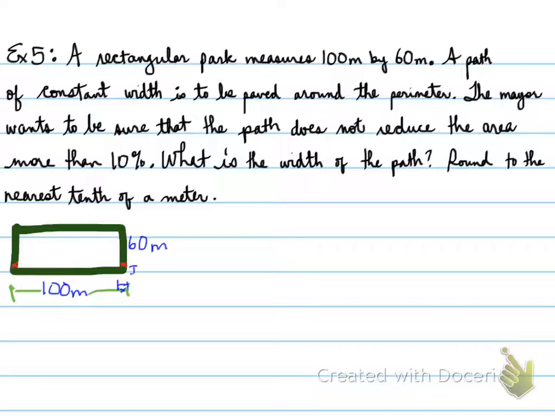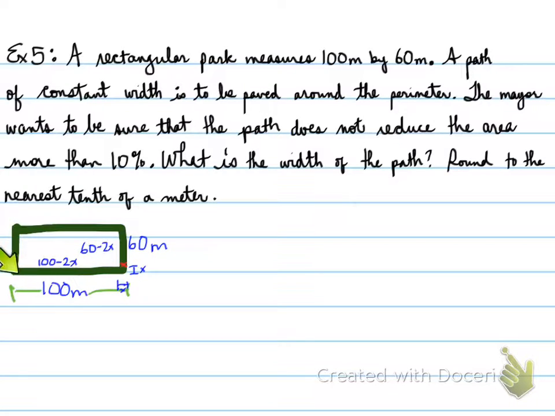So, knowing that, that means we have measurements of x from here to here. That's x. See, there's a little x here. X is here to here, all the way across. All this width of this path is x, all the way across. So the measurement of the park on the inside is now going to be 60 minus 2x, and 100 minus 2x.